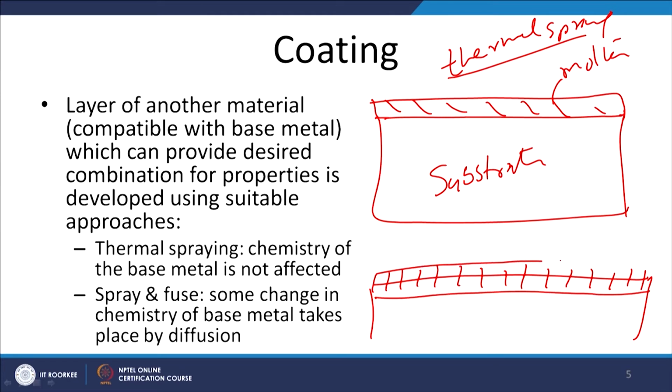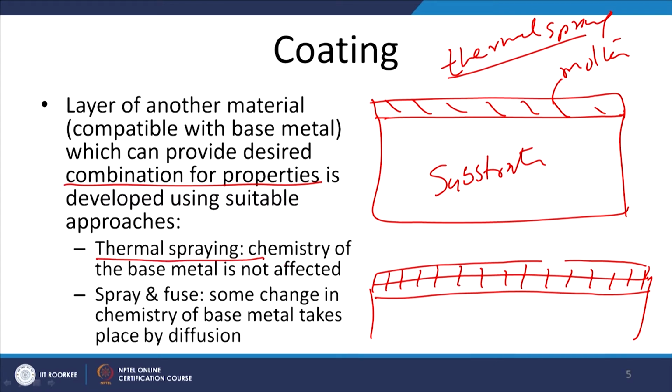So, in the second category, a layer of another material which is compatible with the base material is applied, so that the required set of properties can be achieved to enhance the wear and friction behavior. One method of applying the layer onto the surface of the substrate is thermal spraying.